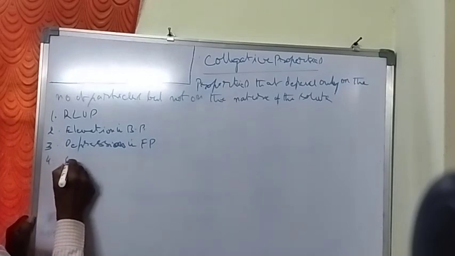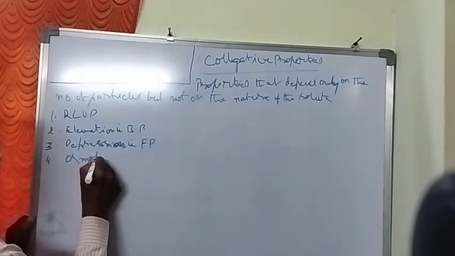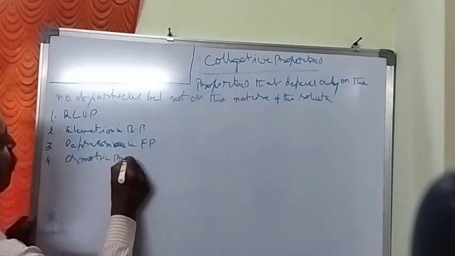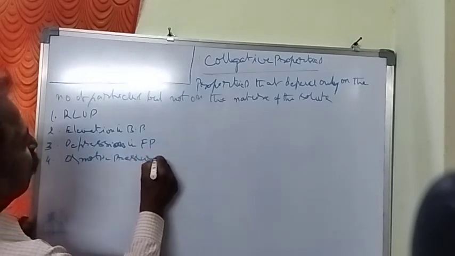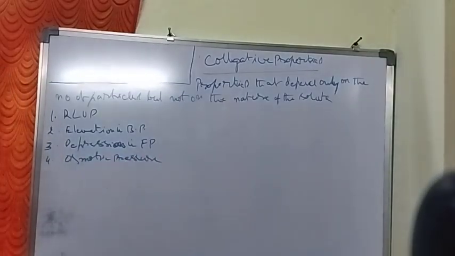And the fourth one is osmotic pressure. Now let us discuss each colligative property. Relative lowering of vapor pressure, I made a separate video previously, so you can go through it and learn well.